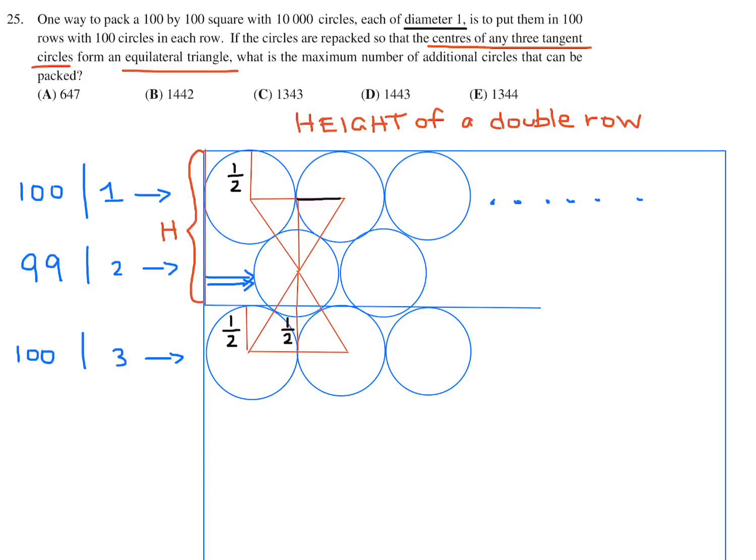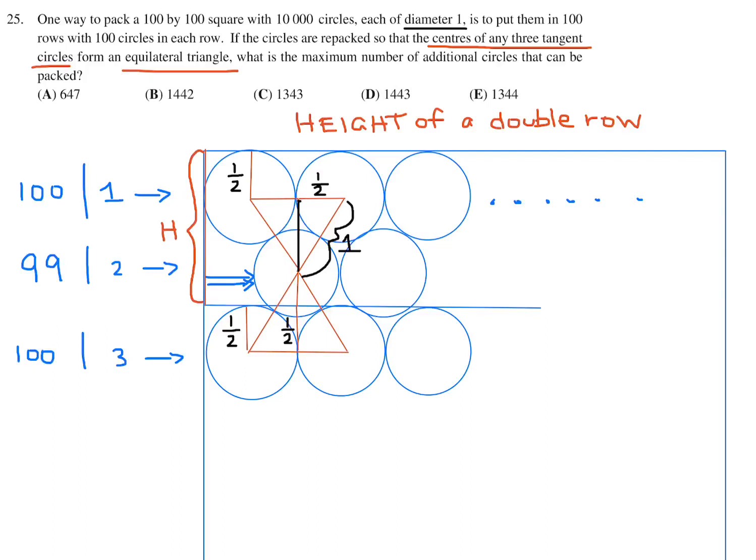And the distance from here to here is also 1/2, because that's the radius. And the distance from here to here is one full radius because you have the radius here and then you have another radius. So that would be equal to 1. This is 1.